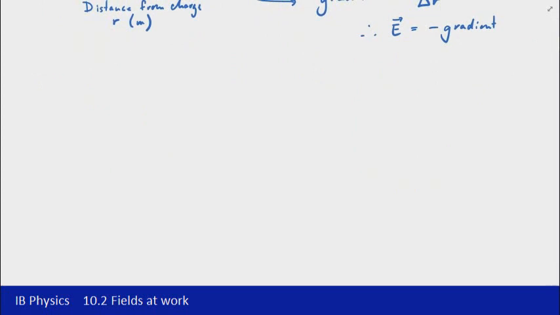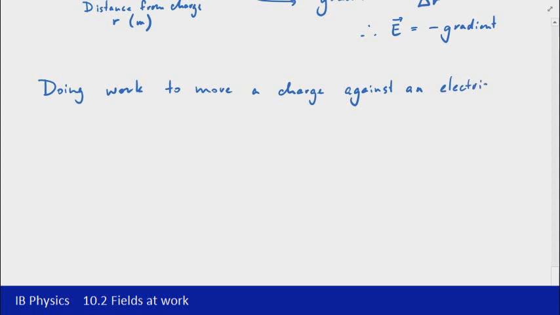One last point to note about this scenario of dealing with electric potential. If we do work on a charge, so doing work to move a charge against a field, or another way of stating that, if we're doing work against an electric field, what we're doing is moving it to a higher potential.